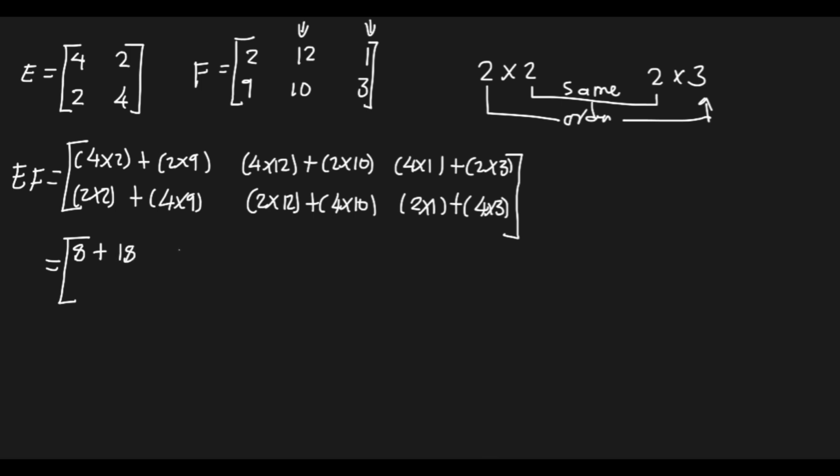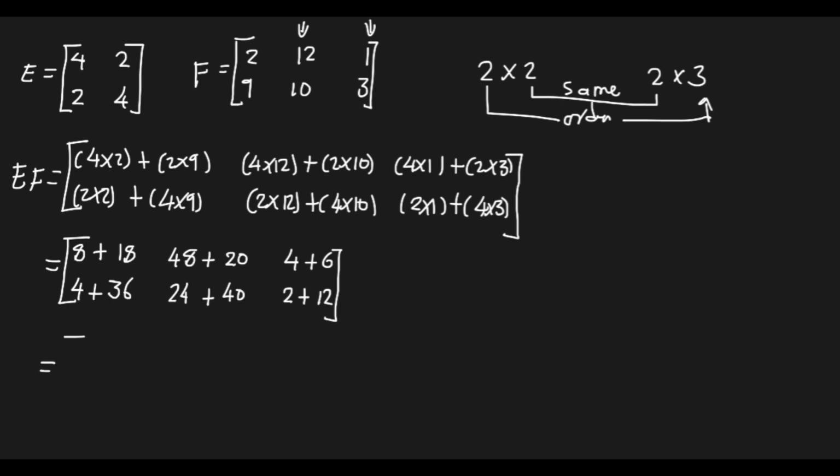Then 4 times 12, that is 48, plus 2 times 10, that is 20. 4 times 1 is 4, plus 2 times 3, 6. 2 times 2, we have 4, plus 4 times 9, that is 36. 2 times 12, 24, plus 4 times 10, that is 40. 2 times 1 is 2, plus 4 times 3, we have 12.